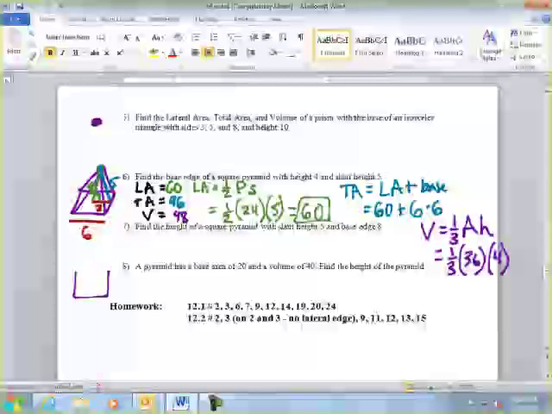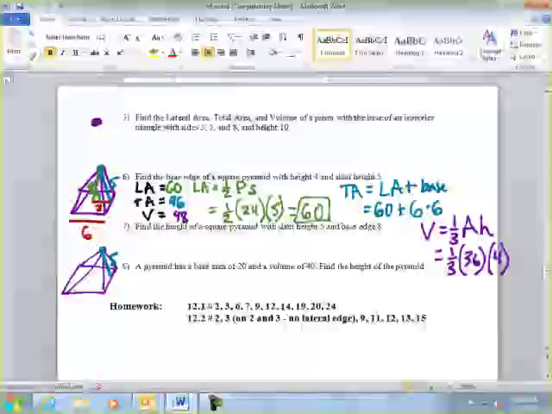Let's try again. This time we know that we have a slant height of 5 again. So slant heights go from the point down the side of one of the faces, and that is 5.